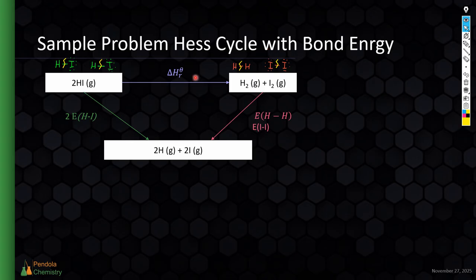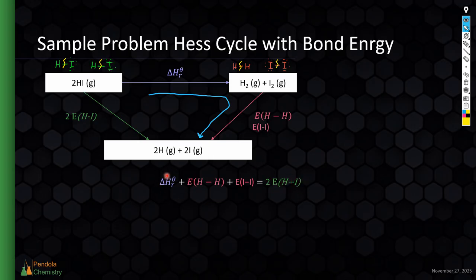Once we have all of that, once we have the specifics, again, we have the reaction at the top, the atoms in the gaseous state at the bottom, then the arrows point down because these are bond energies. We can find our alternate path arrow, which means that delta HR plus the bond energy of hydrogen bond, plus the bond energy of iodine bond is equal to 2 times the bond energy of the HI bond.